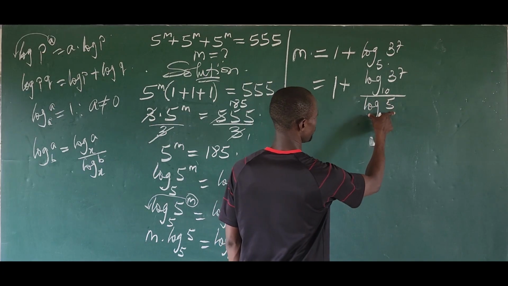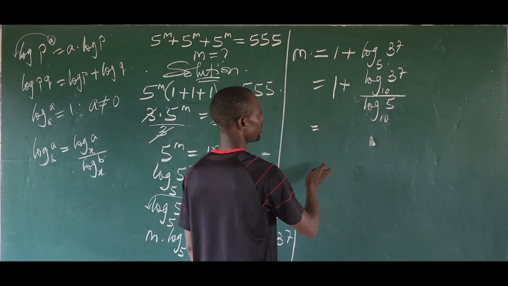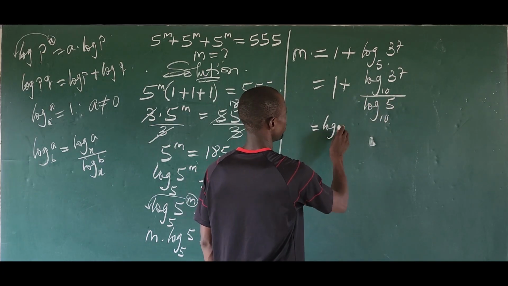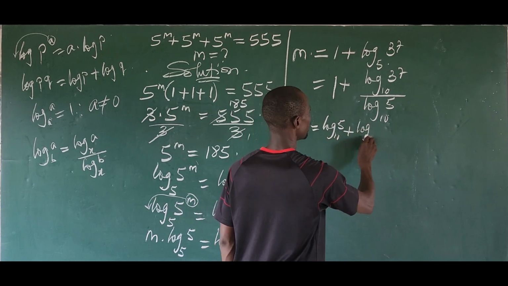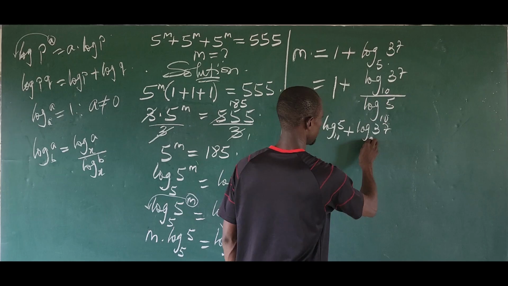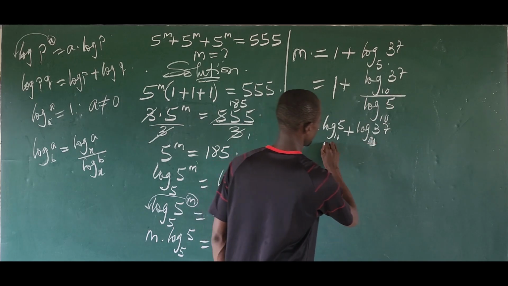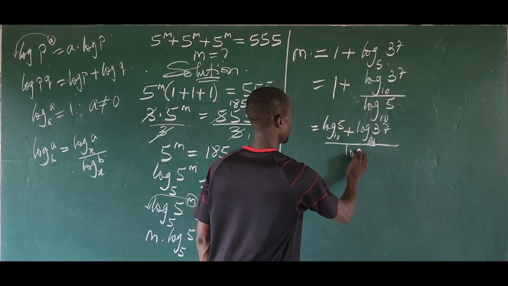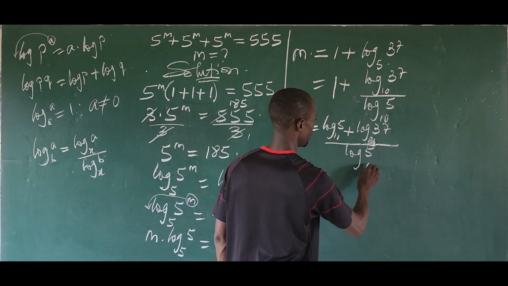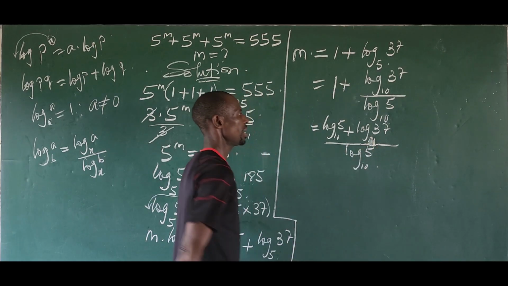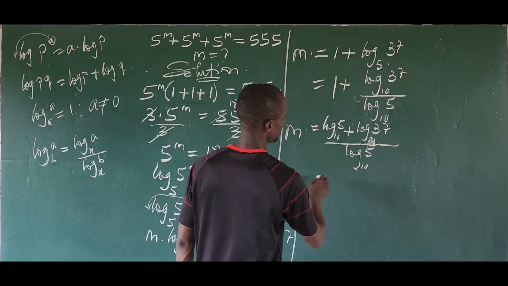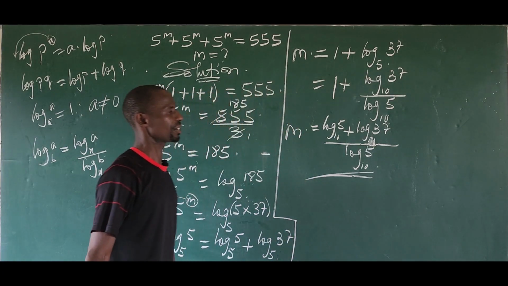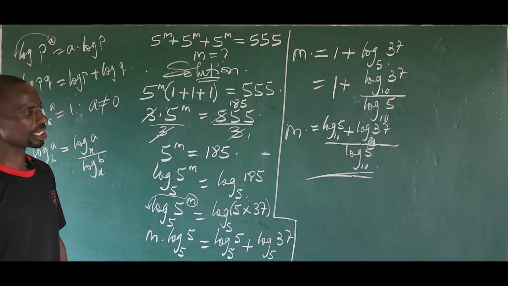And so if we find the LCM, this will give us log 5 base 10 plus log 37 base 10, all over log 5 base 10. This is another format of presenting this solution. So this is the final solution to our simplification.